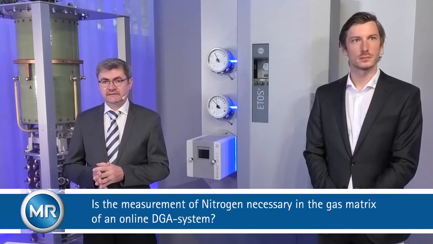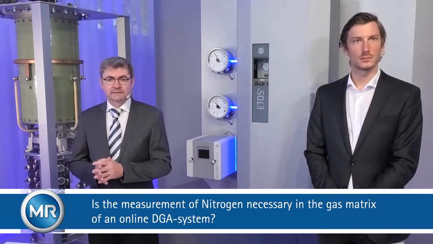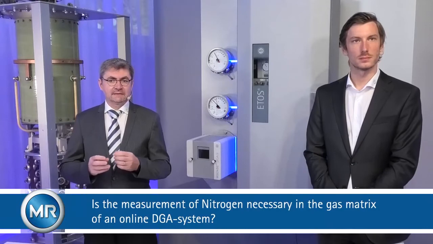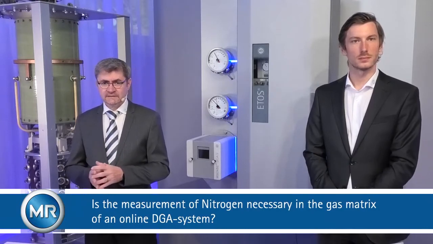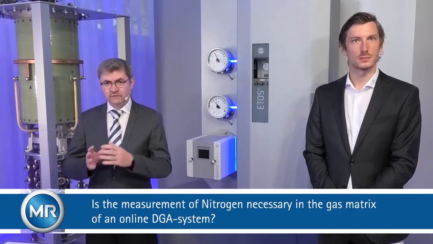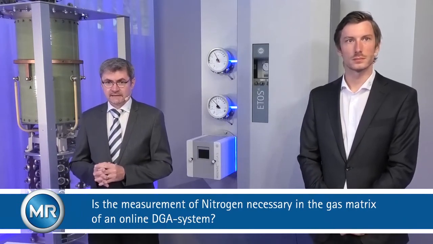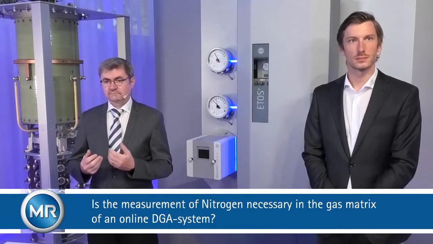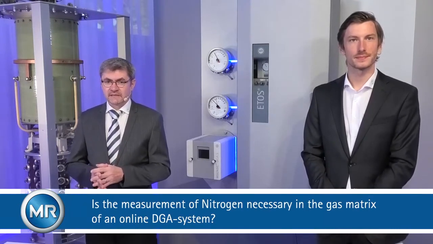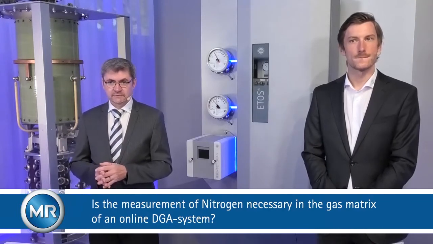You have a certain ratio of oxygen and nitrogen when the sample taking process was okay. So this is just an indication for a right interpretation of the DGA results. On an online monitoring system, in my opinion, it's not necessary to measure nitrogen.